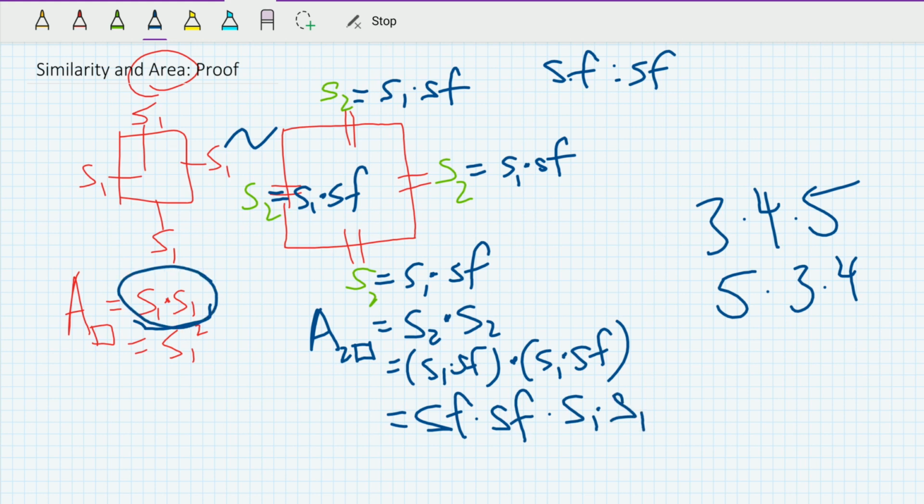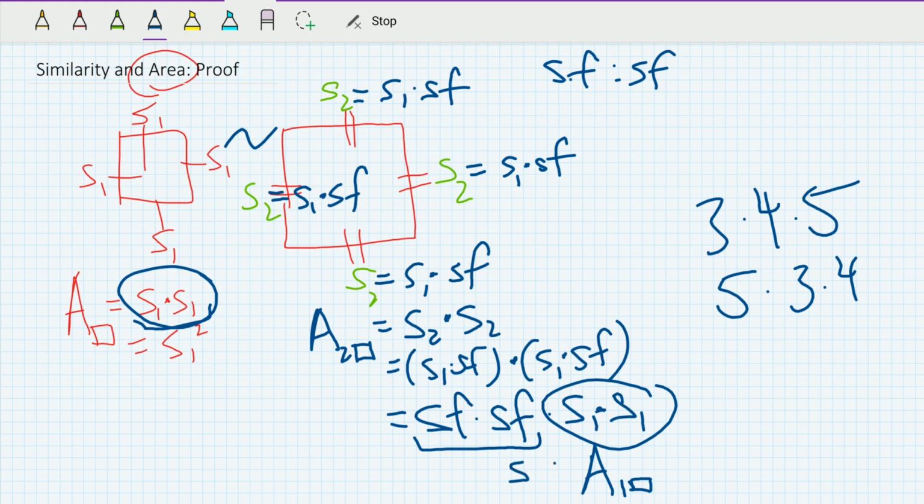Now, if you notice here, side 1, side 1, side 1, side 1. So that's how they relate to each other. This is going to be the area of the first square. And now notice how I have these two extra things. When I dealt with perimeter, I only had one extra SF in the front.